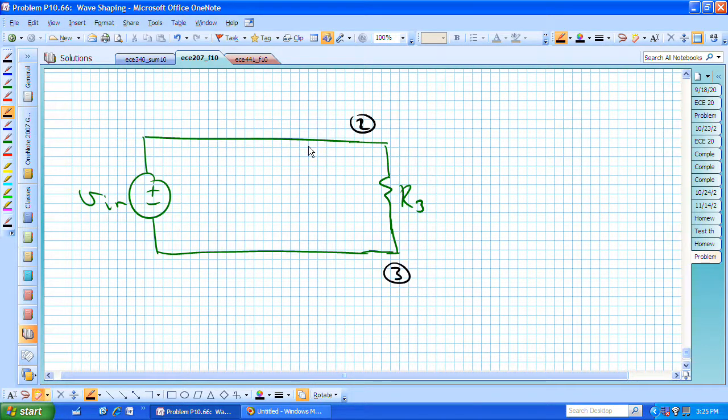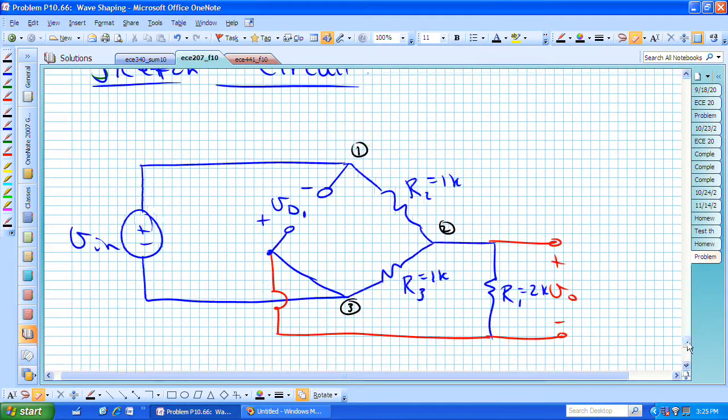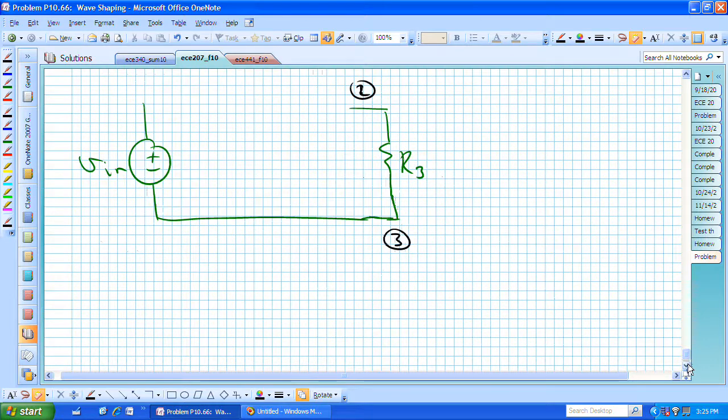And between 2 and 1 is R sub 2, a resistor. And so here is terminal 1, and the diode polarity for diode 1 was between node 1 and node 3, with node 3 being the positive or anode side of diode 1.